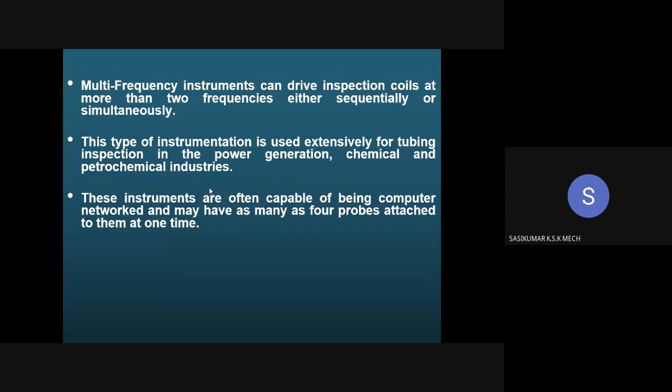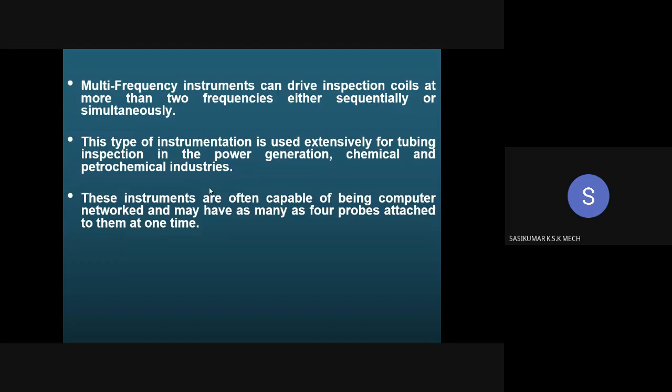These instruments are also computer networked, and may have as many as four probes attached at a time. If it is connected with a computer, you have a better capability of recognizing the multiple frequency signals generated by the instrument.